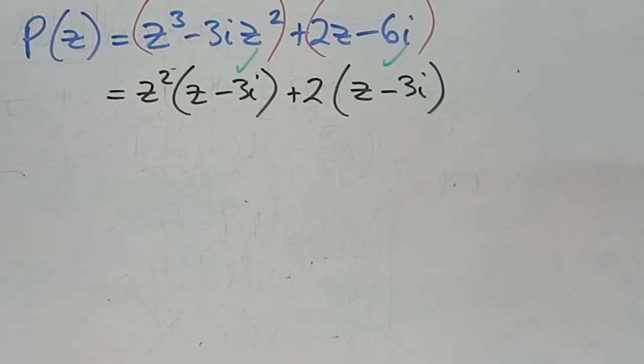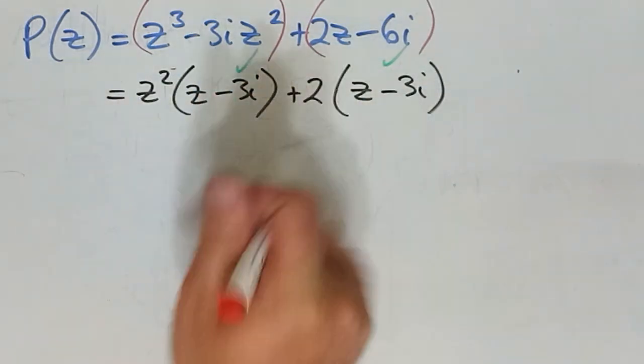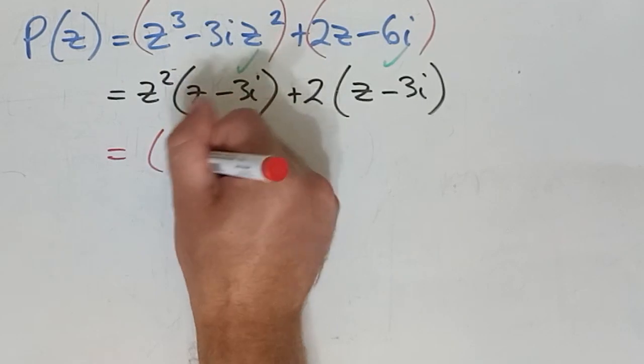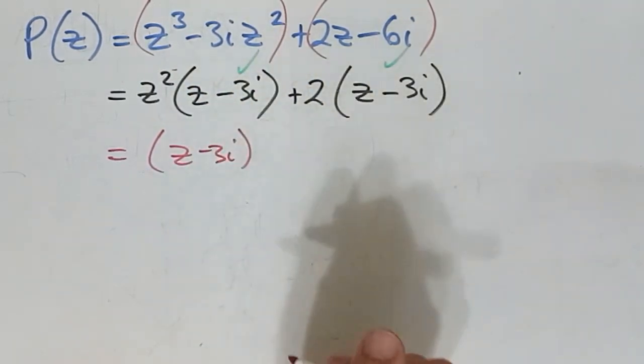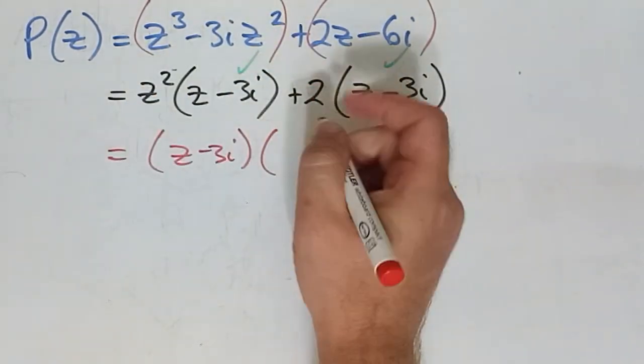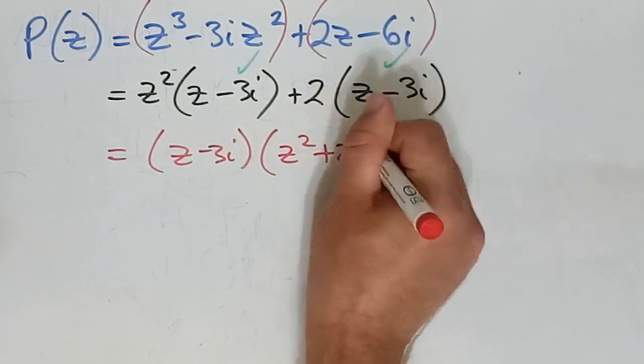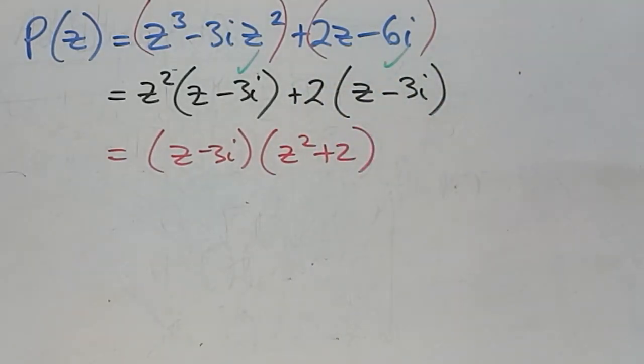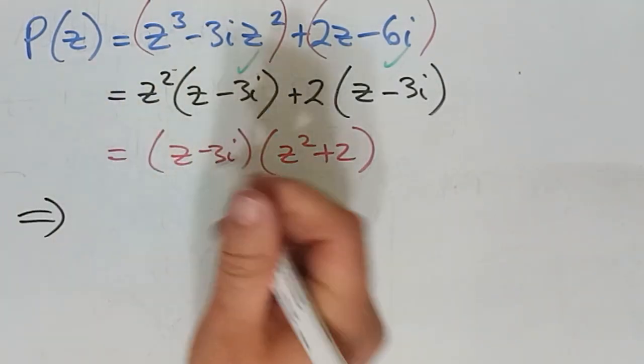So since both of those brackets are the same, I can take them out of both terms. So I can take the z minus 3i out of both terms, and I'm left with z squared plus 2. Okay, so I'm trying to find the roots. Let's put this equal to 0.